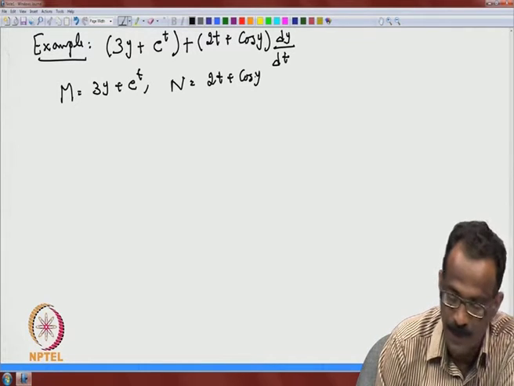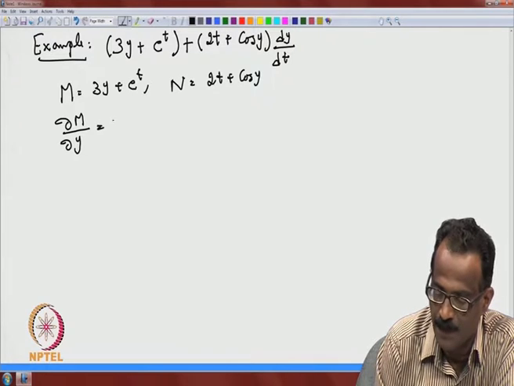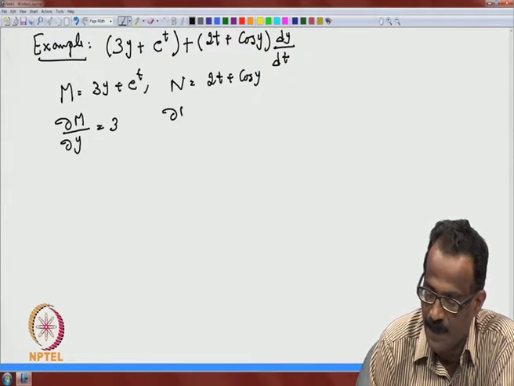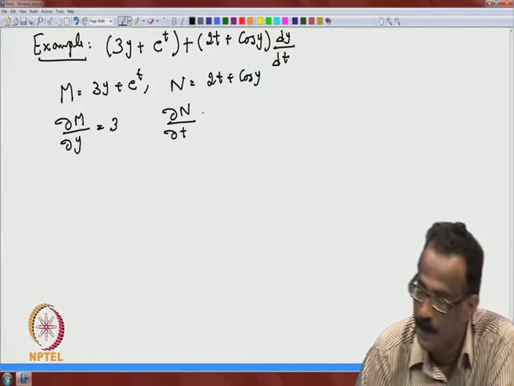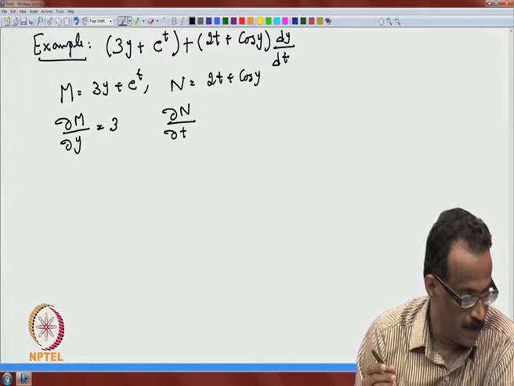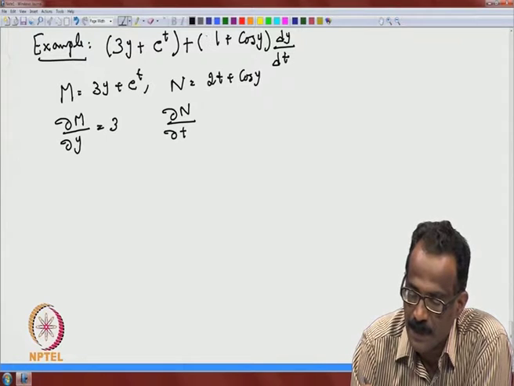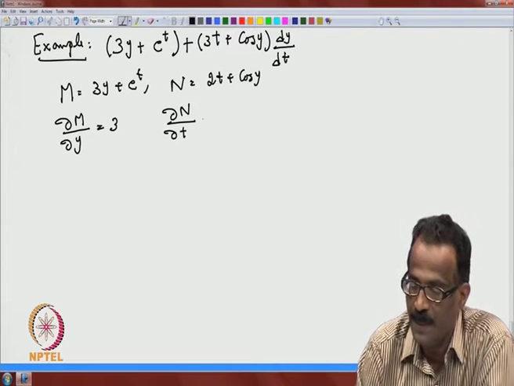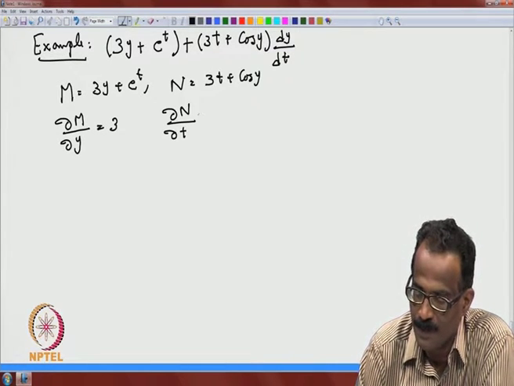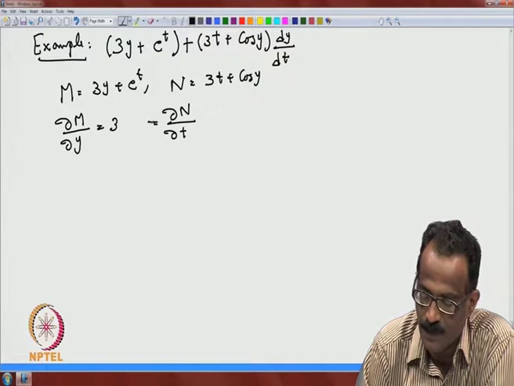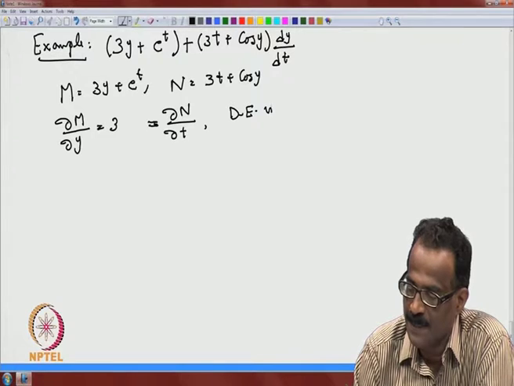Your dm by dy is quick to compute, nothing but 3, and what is dn by dt? Yeah, this will not be exact as written. So, let us take 3t instead of 2t, so dn by dt is also equal to 3. You see, the differential equation is exact.